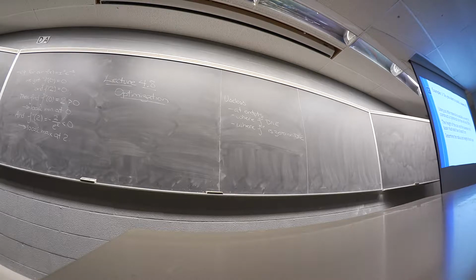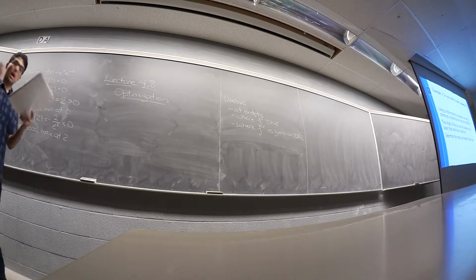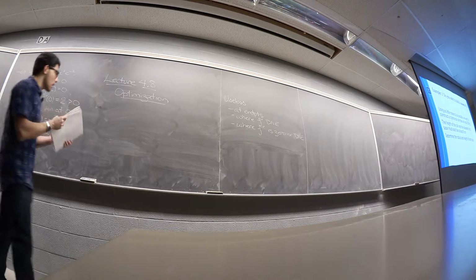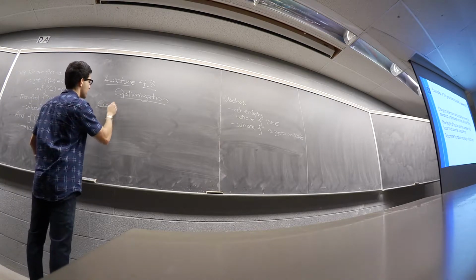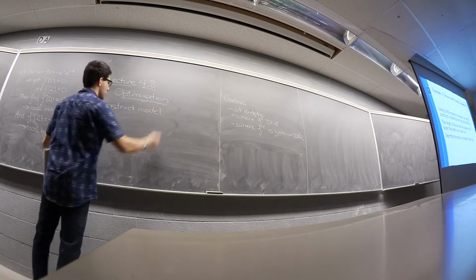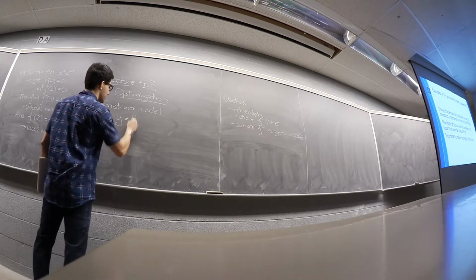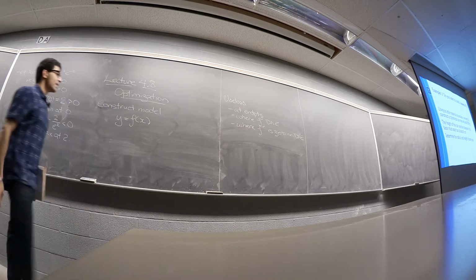All right, so given a problem where we're trying to find the largest possible or smallest possible value of something, we need to model the quantity to be optimized as a function of a single input. So we need to construct a model, which will not always be done for us. Something that looks like this, predictably.